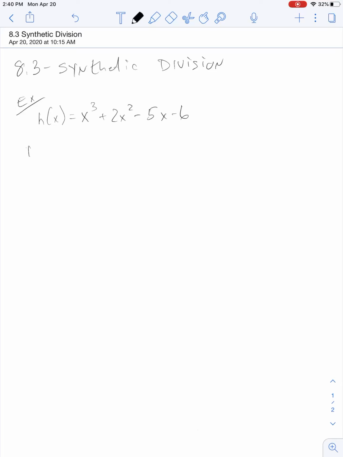This polynomial in factored form is h of x equals x plus 3 times x plus 1 times x minus 2.